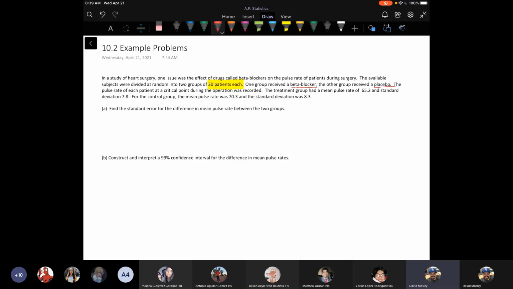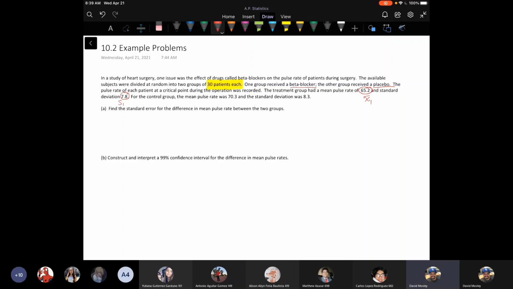The pulse rate of each patient at a critical point during the operation was recorded. The treatment group had a mean pulse rate of 65.2, and we'll call that X bar 1, and a standard deviation of 7.8, and that will be S1.